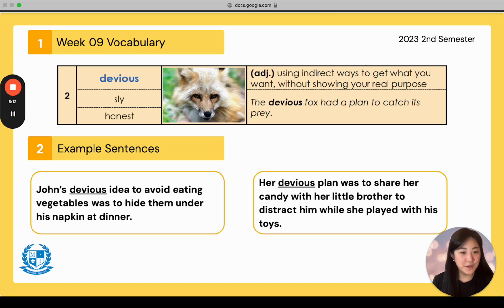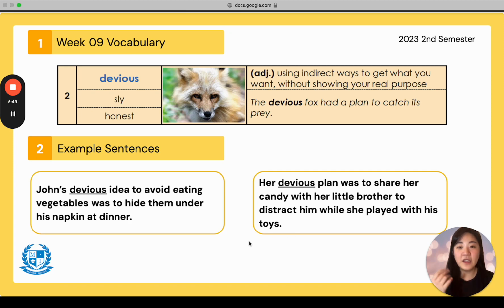Example sentence 2 says, her devious plan was to share her candy with her little brother to distract him while she played with his toys. So her trick was to say, hey, little brother, here's my candy. Go ahead and eat it. But she just wanted him to not know that she was playing with the toys. So doing something to get what you want without other people knowing. Okay? Everyone say devious. Devious.